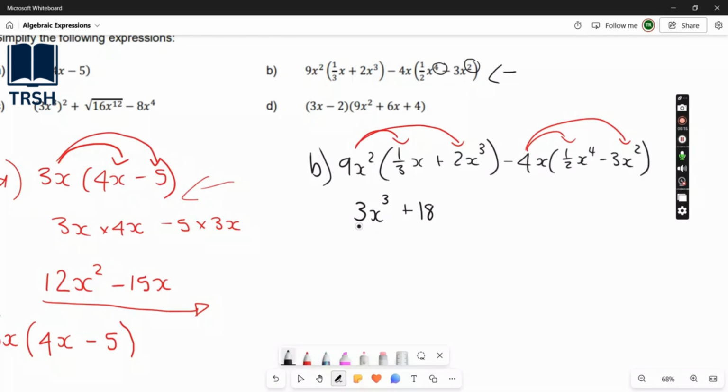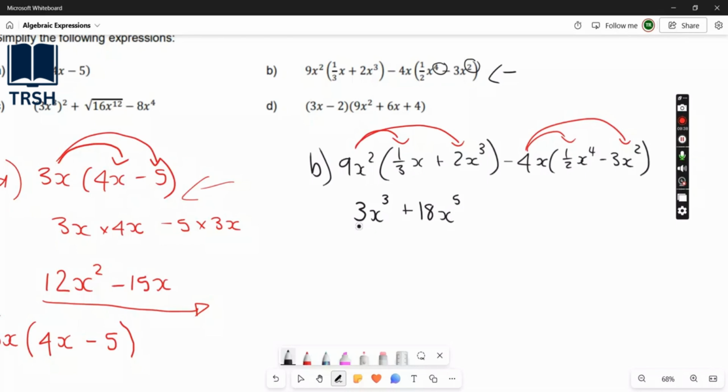And then x squared multiplied by x to the power of 3 will give us x to the power of 5. This goes back to laws of exponents. Please do not say 3 times 2 for the exponents and then get 6. That is incorrect. Laws of exponents says to us that if we're multiplying and 2 bases are the same, you add the exponents, and that's exactly what we just did.